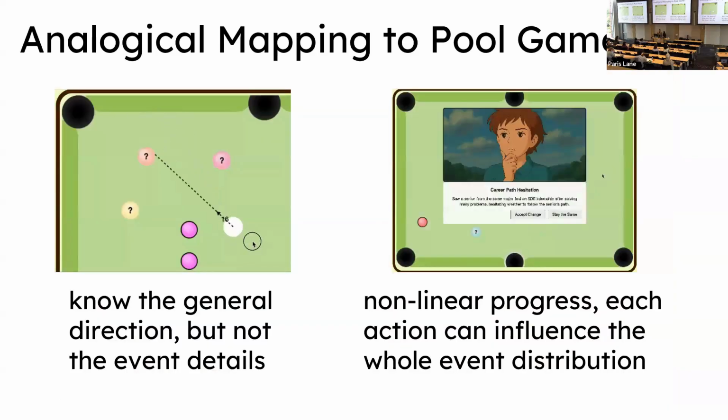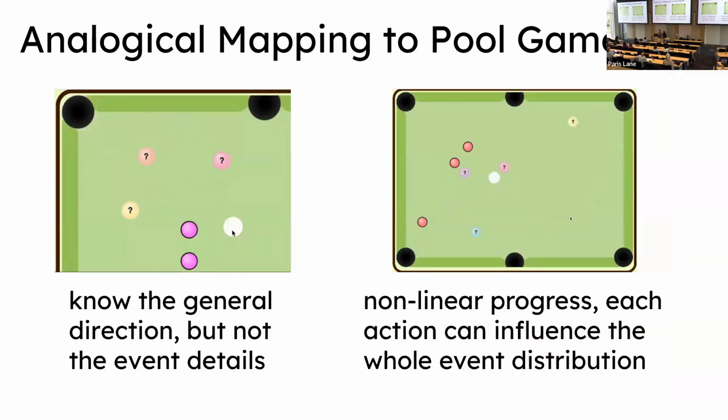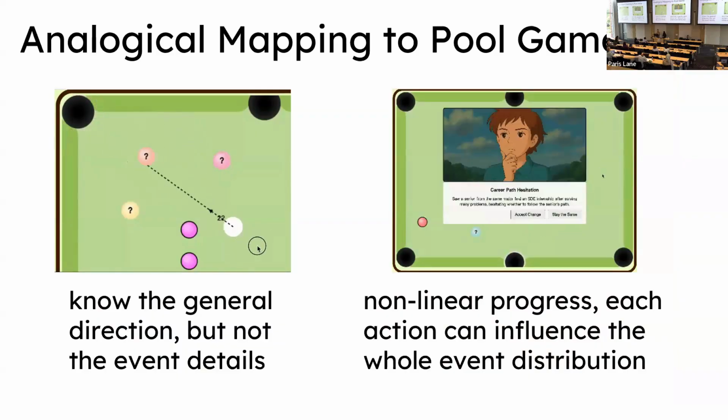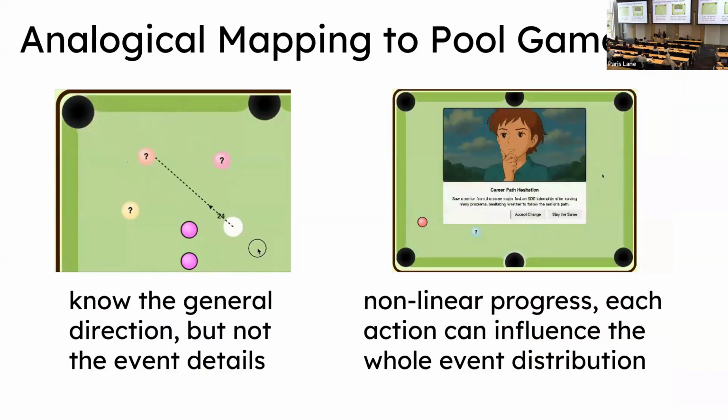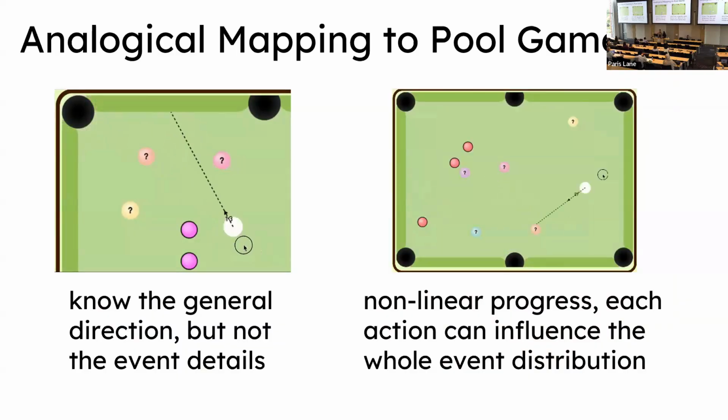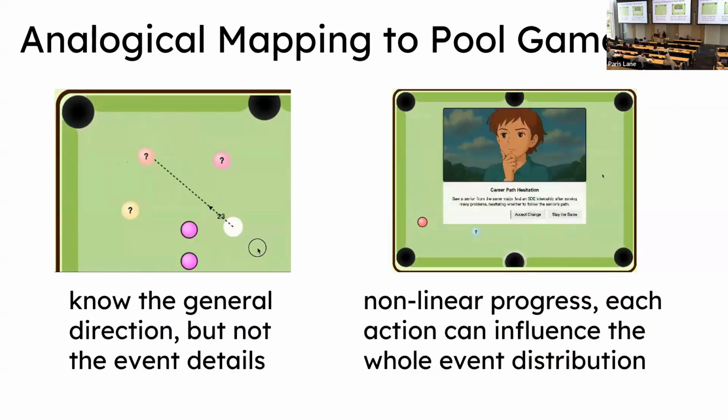So we try to use analogical mapping to map that to a pool table. Because as I mentioned, the real world is very messy. There are many factors influencing each other, intertwined with each other. So we want to use a pool table, which everybody knows how to play with, to try to map the real world. So for example, in pool, we know the general direction.